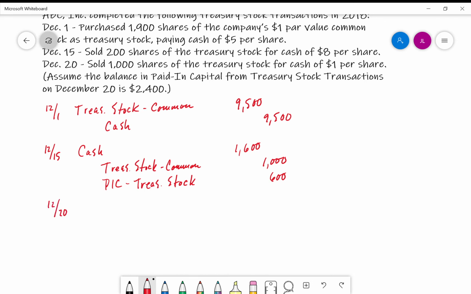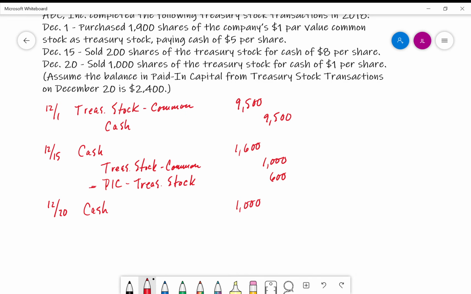So we know, first off, we're going to get cash for $1,000. We sold 1,000 shares, $1 per share. There's $1,000 in cash. Now, the second thing we have to think about here is we had paid-in capital from Treasury stock transactions of $2,400 as a balance on this date. So basically, since we're selling it at a loss, remember we sold it at what we would consider a gain here, and we credited our paid-in capital.